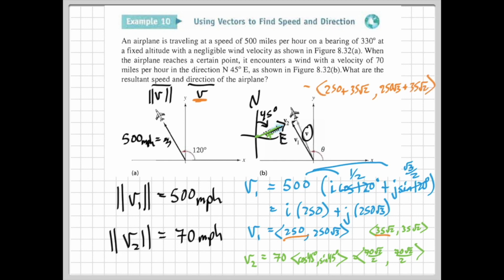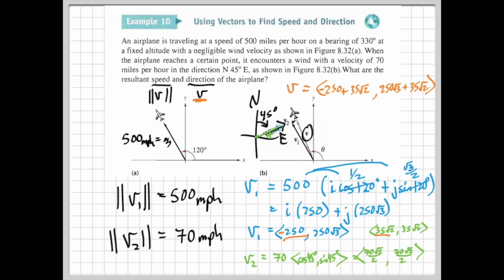Okay, so here is our resultant vector. And oops, I almost messed that up big time. This is supposed to be a negative 250, because when we do the cosine of 120 degrees, we get a negative number, right? Because 120 degrees would put us in the second quadrant.